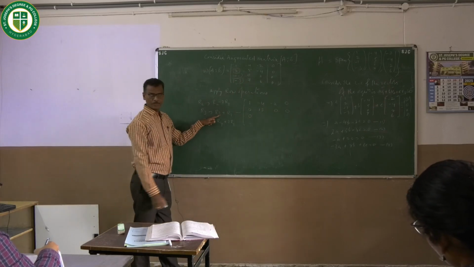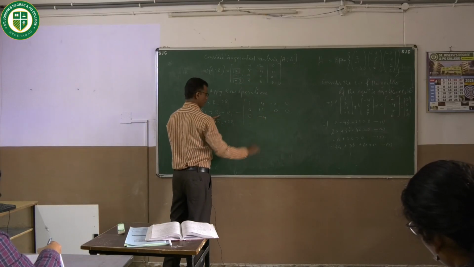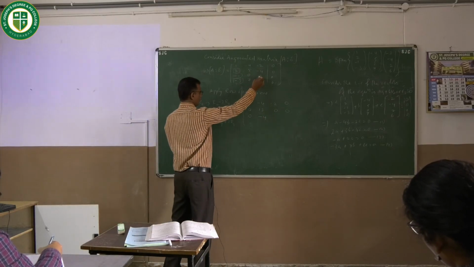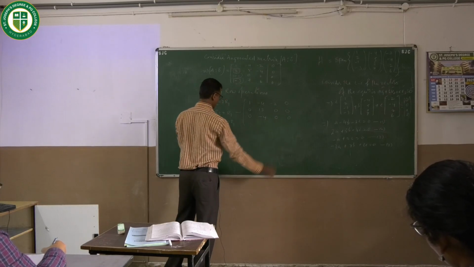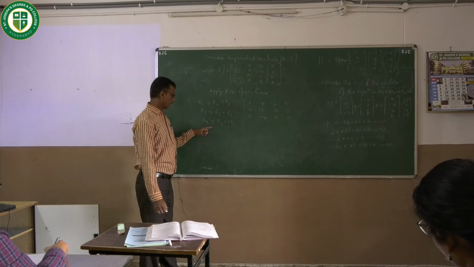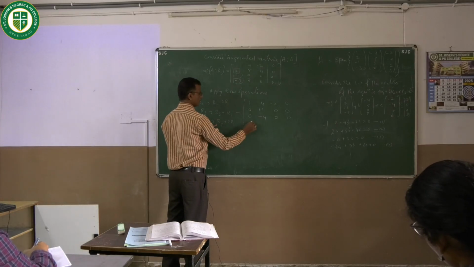Third row, R3, 0, 2 minus 2, 0, then here 0 minus 0 plus 0. Then next R4 is minus 3 plus 3, 0.